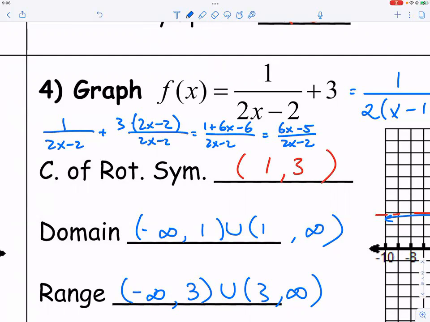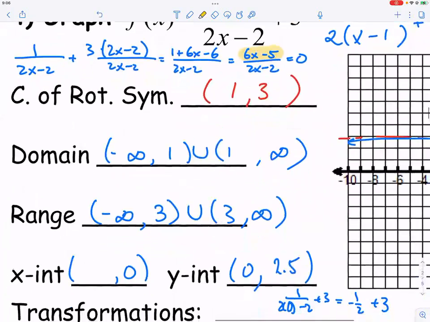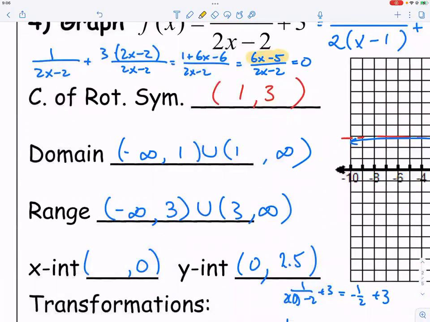Since we want y to be 0, that means this numerator will be 0. If this numerator is to be 0, what's the x value? It'll be 5 over 6.